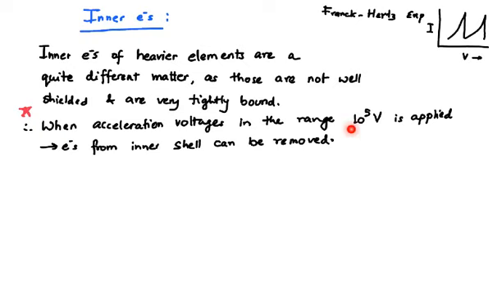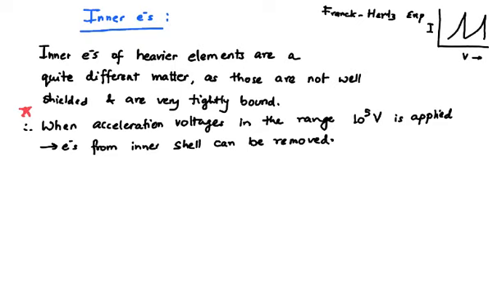Therefore, when accelerating voltages in the range of 10 to the power 5 are applied, electrons from even the inner shells can be removed. In the Franck-Hertz experiment, electrons from outer shells were removed and the voltages applied were like 10 or 20 or 30 volts. However, the voltage we are talking about here is 10 to the power 5.